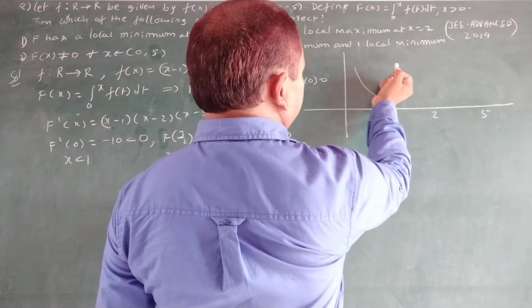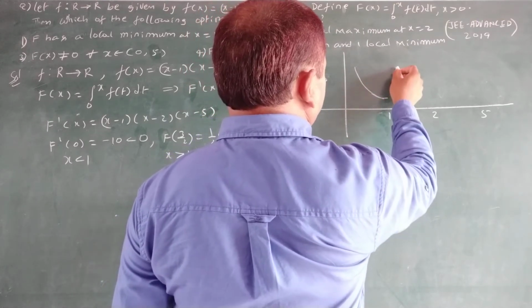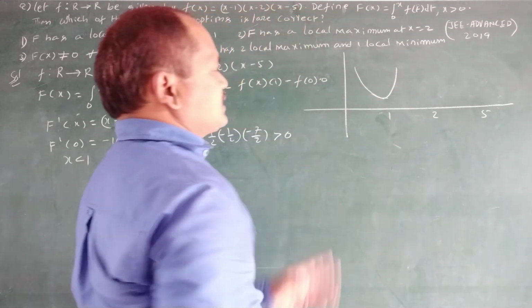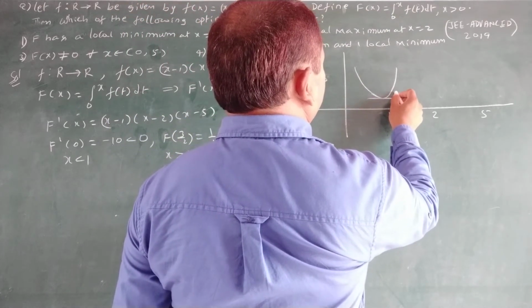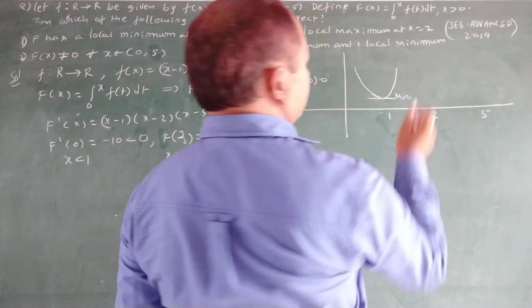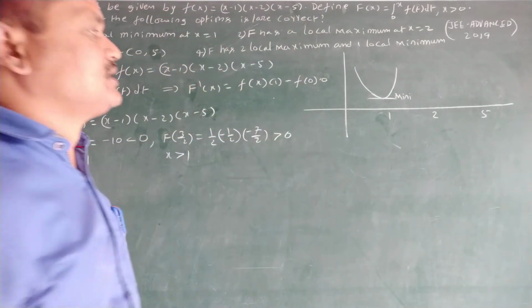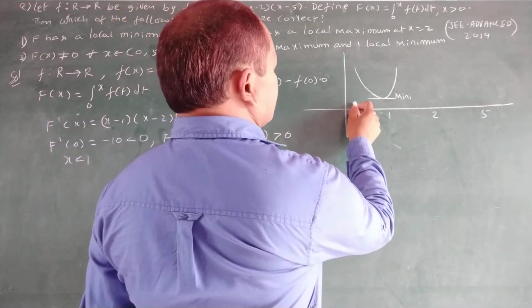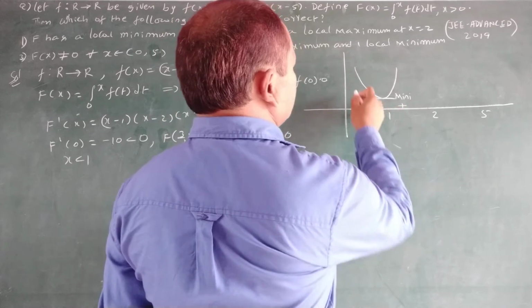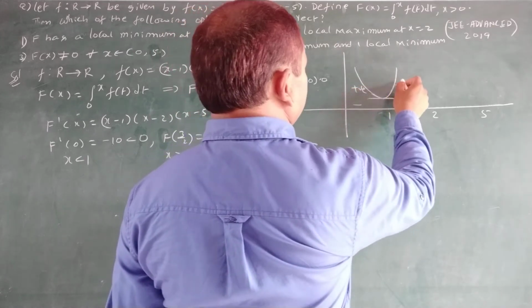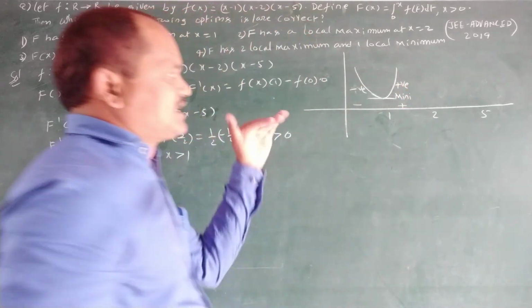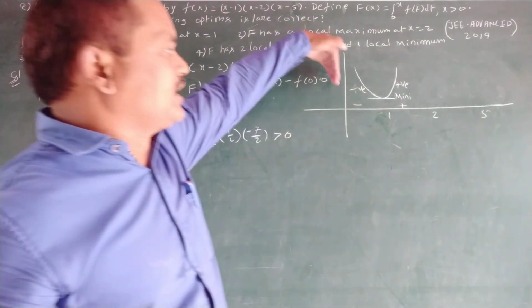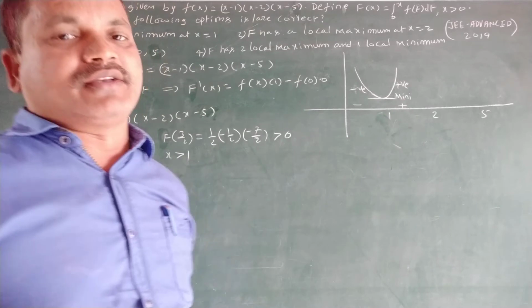The curve is increasing here, and that's why here it is a local minimum. Here the sign changes from negative to positive, and when the curve changes from negative to positive, it is a minimum value.